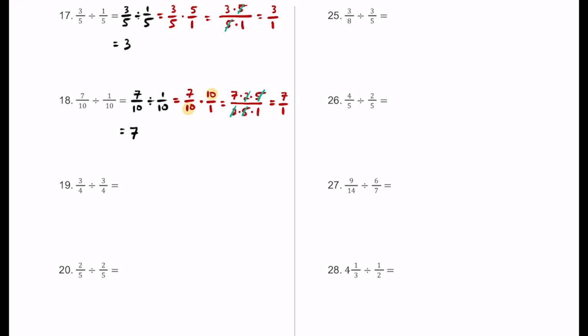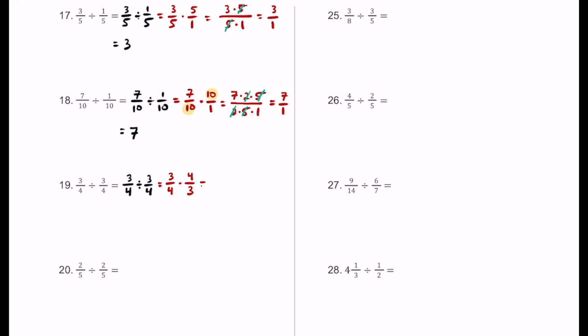Okay. For number 19, we have 3/4 divided by 3/4. Remember, anything divided by itself is going to be 1, so we should know the answer before we start this, but we're practicing just showing the process here. So this is the division problem. As a multiplication problem, it's going to be 3 over 4 times 4 over 3.